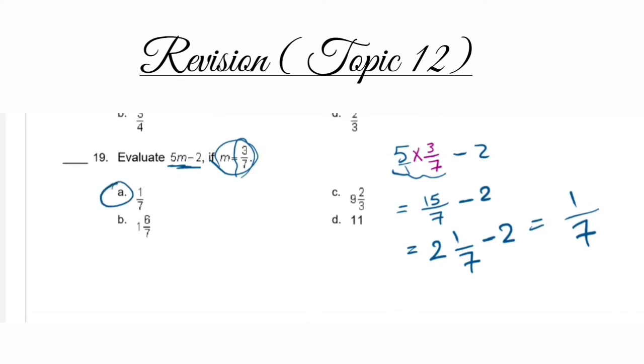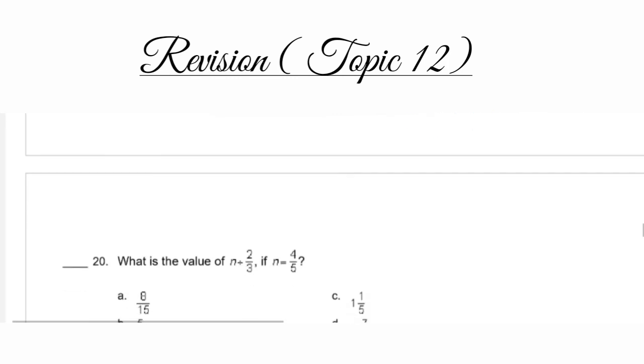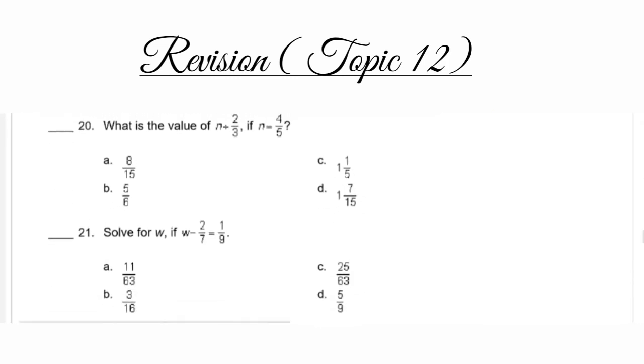Question number 20. Substitute. We have here n divided by 2/3. As we did before, remove n and write 4/5 and find the value. Write 4/5 and change division into multiplication and flip 2/3.